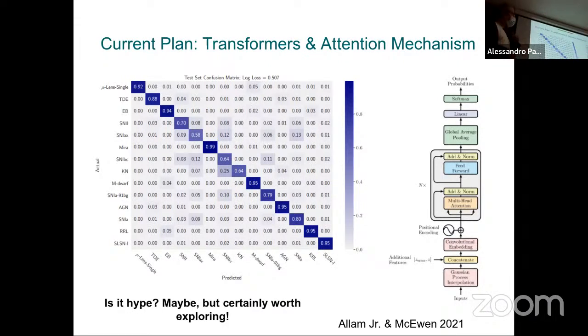And to prepare for the upcoming data sets, there is a public database where there are different types of light curves generated with simulations. And so these people took hundreds of thousands of time series. They modified the architecture of these transformers, instead of using words, to use numbers, the light curves in this case. And then they predicted which type of source they were observing according to certain ground truth that they had.